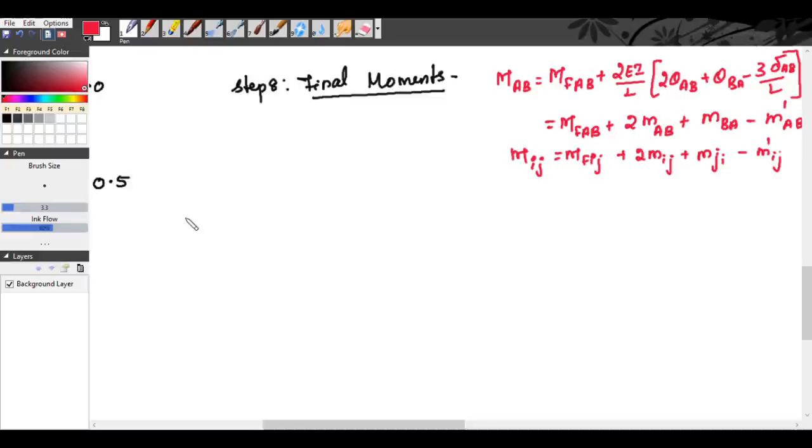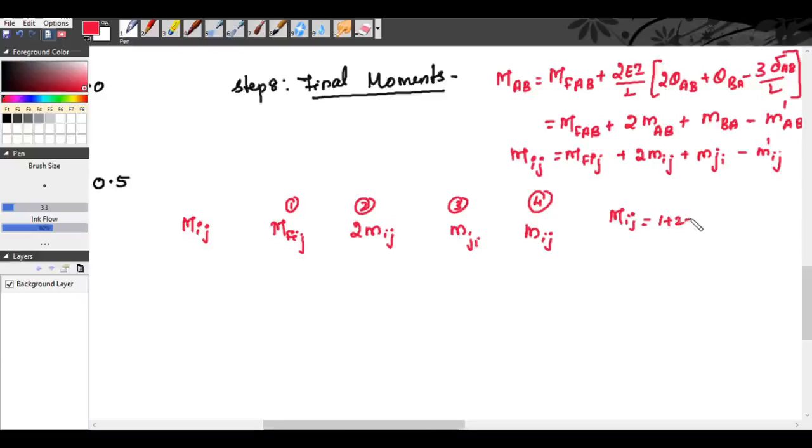So our final end moments Mij, we have MFij, then 2Mij, Mji, and M dash ij. Finally we will get Mij is equal to, if these are 1, 2, 3 and 4, 1 plus 2 plus 3 minus 4.